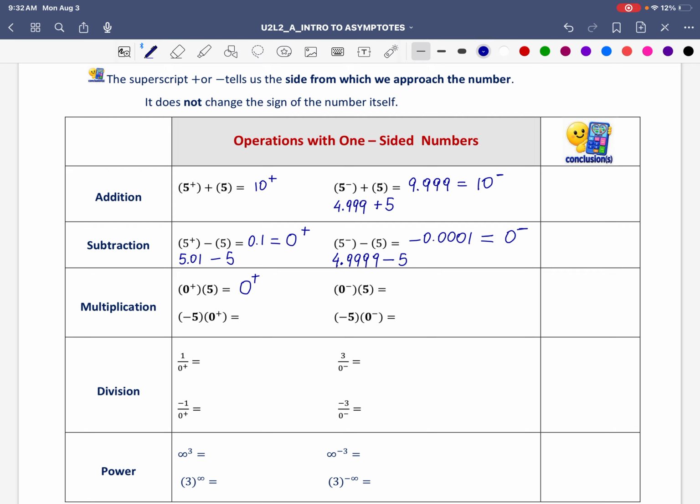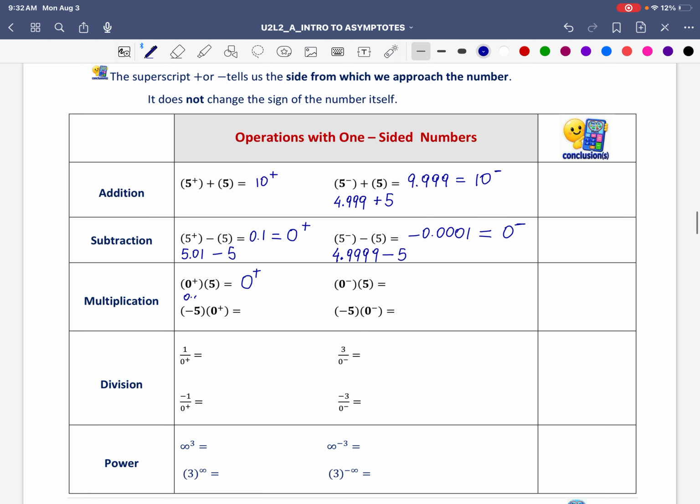That's how close you can bring it in terms of explaining it. So if you have 0.000001, you multiply it by 5, you're going to get a very, very close to 0 number, 0.000005.